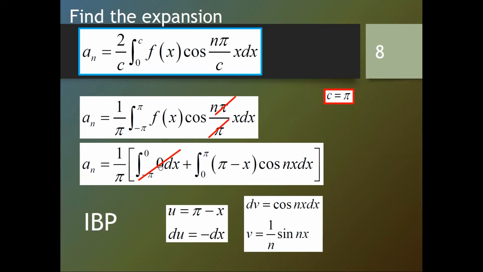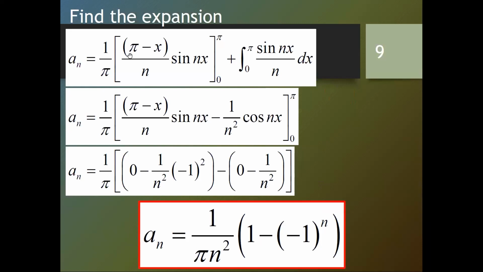Kasi evaluate natin siya as 0 yung isa. Yung isa naman, pi minus x cosine nx dx. And then, in here, this is a function of x. It is integration by parts. Ito, I won't go to this anymore. Dapat alam niyo na to, integration by parts. Okay, so you'll end up having this as the formula.